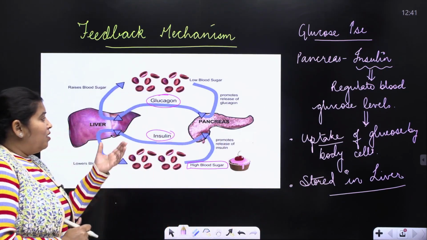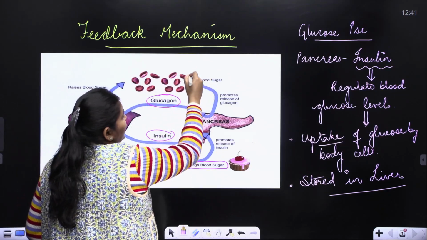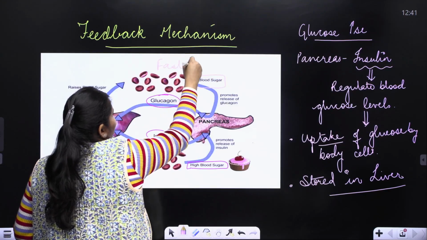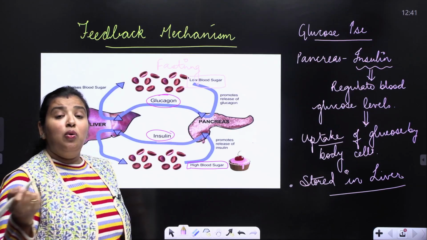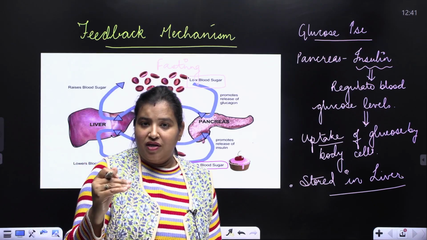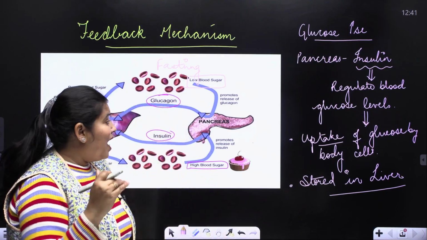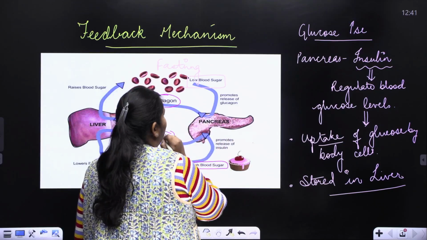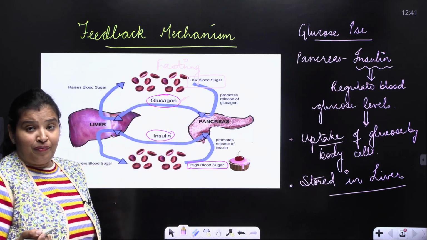Now, when we say that we are starving, we did not eat anything, we are fasting. So when we are fasting, what is happening? The blood glucose level drops down from a normal concentration. The level decreases, and as a result, the pancreas now starts the production of the second hormone, which is glucagon.